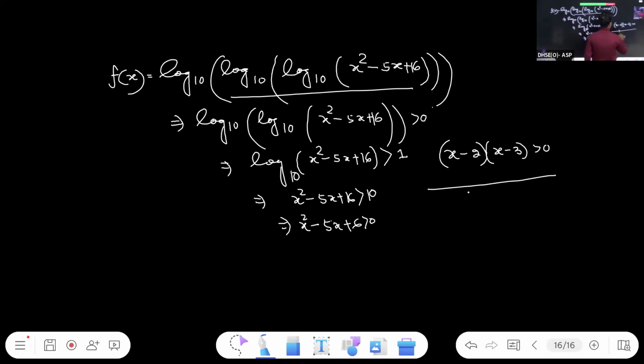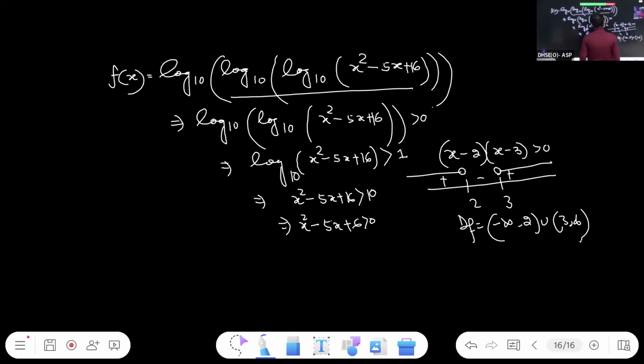The critical points are 2 and 3. Plus, minus, plus. So the domain of the function is minus infinity to 2 union 3 to infinity. This is the answer to question number 2.